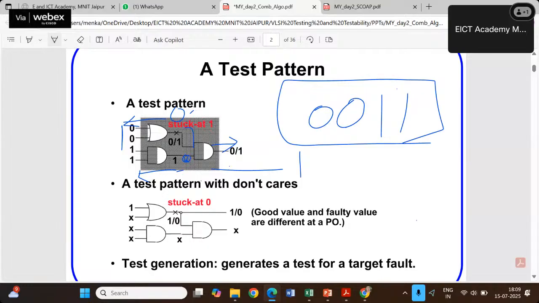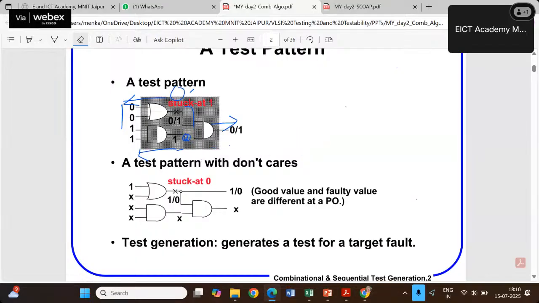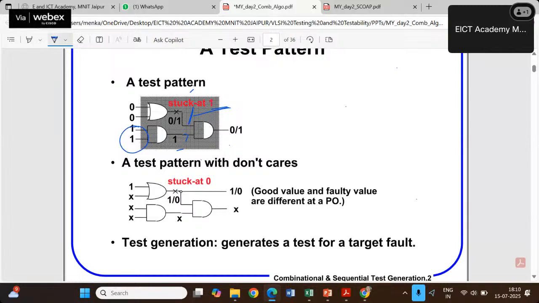Finding its truth table, there will be 16 combinations in the fault free circuit, and in the faulty circuit there are only 4 combinations, since this is a stuck at 1 fault, so the input over here is 1. These 4 combinations are going to give us the output corresponding to these 4 input sets.